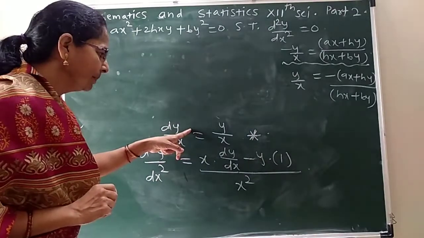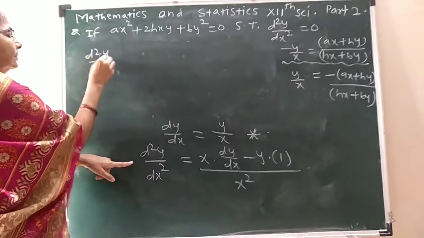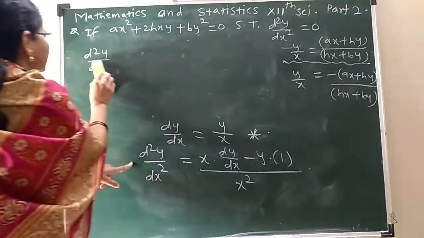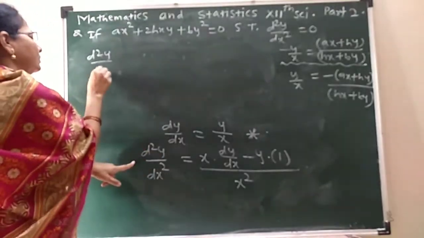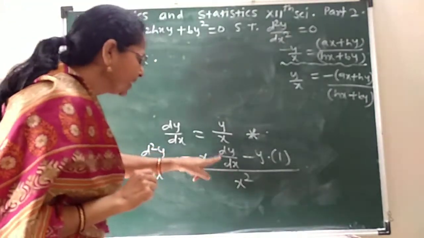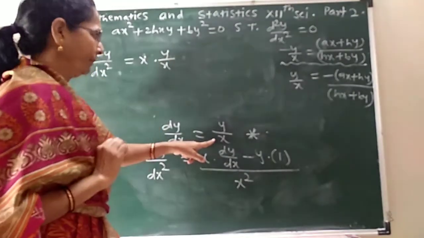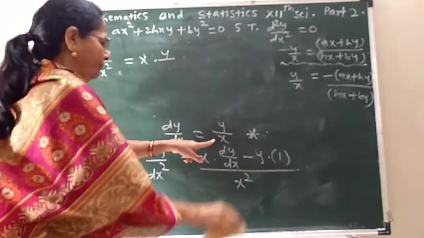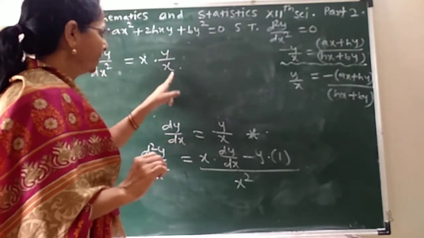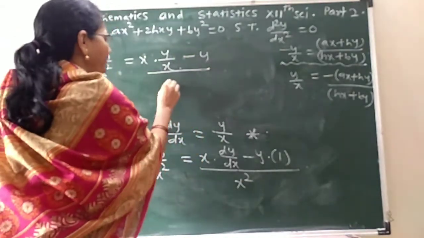But look at this step. See, d2y by dx square is equal to x, dy by dx in this step, which is y upon x, minus y upon x square.